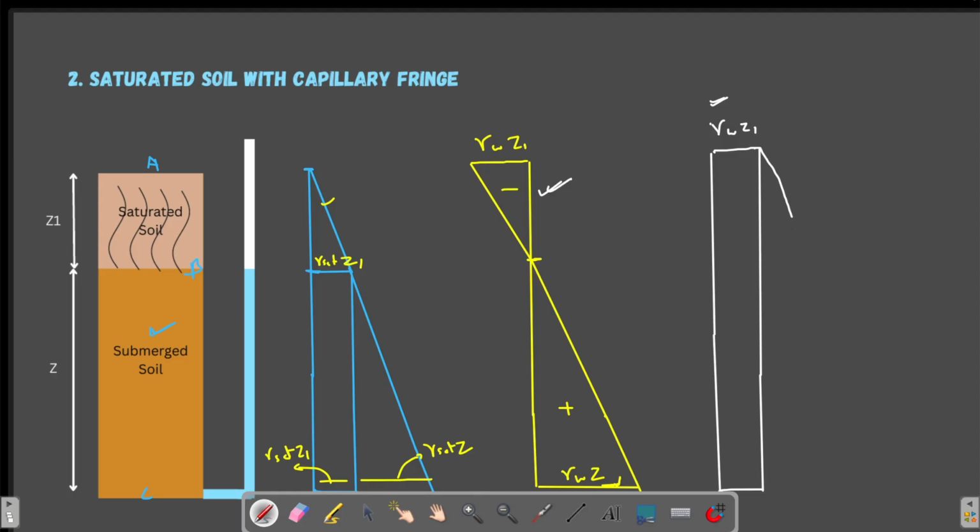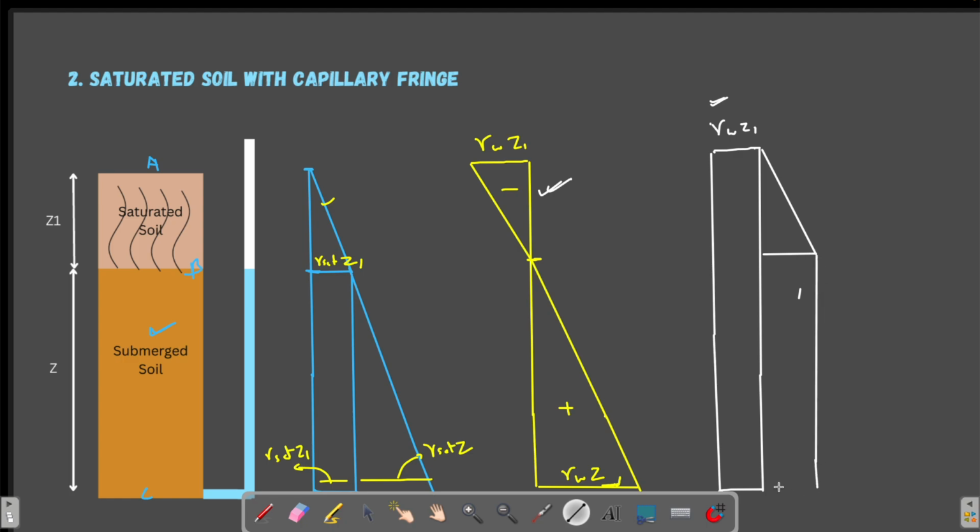So it will start with 0 on the top, and at Z1 it will become gamma submerged into Z1. It will continue up till the bottom.